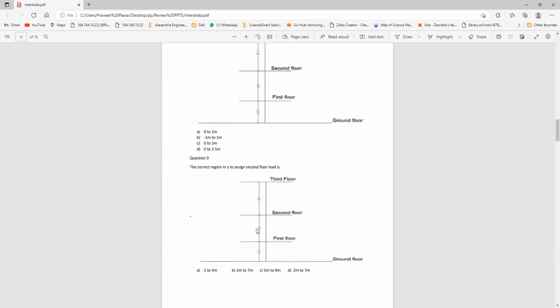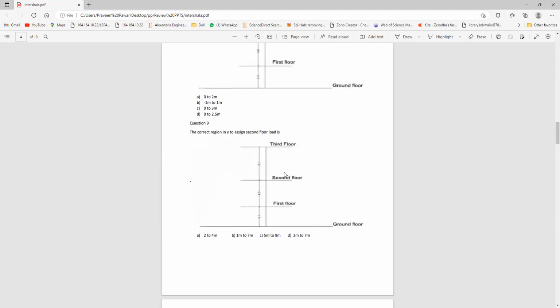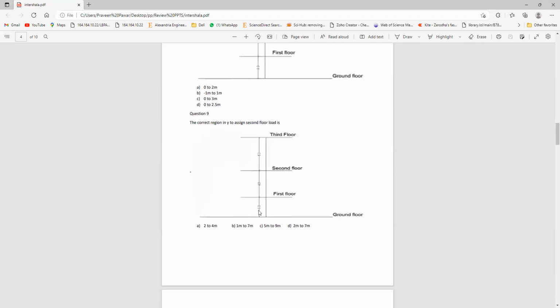Now coming to question 9: the correct region in Y to assign the second floor load. If I want to assign the floor load of the second floor, what should be the coordinates we are supposed to take? Up to 0 to 3 it is the first floor, and here we don't have that option. So 2 to 4: now look here, 2 to 4 falls here only. So we have to give a range below the floor and above the floor.